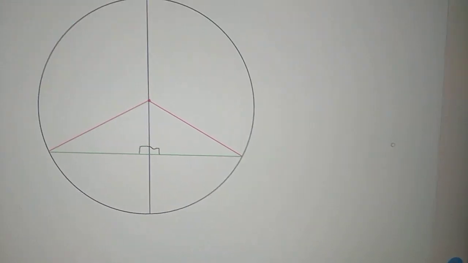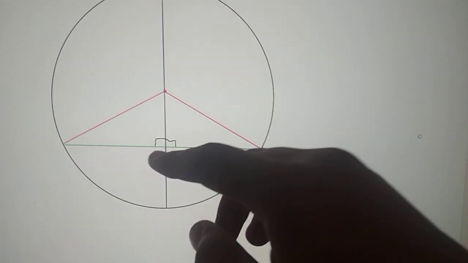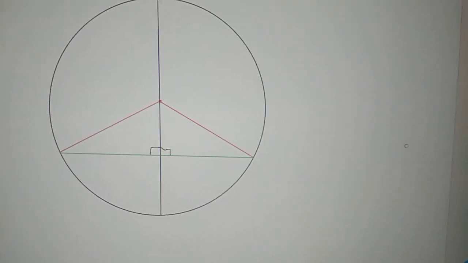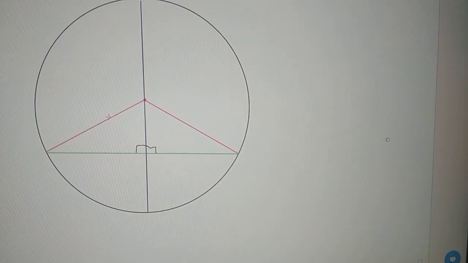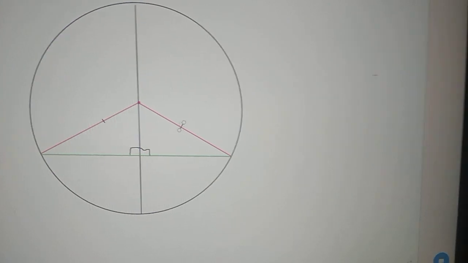Let's see now, we have two triangles again here. And another thing that we have is this a right angle and this another right angle. Now let's see what we can conclude about this. We also know that because these are radii, they are equal to each other.